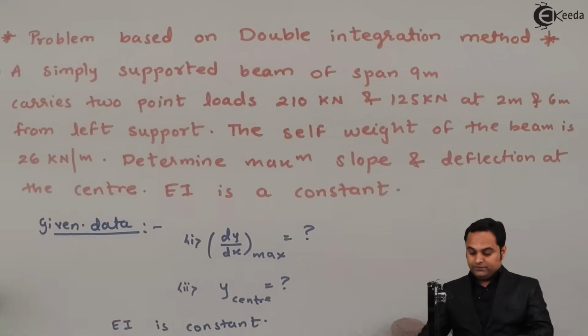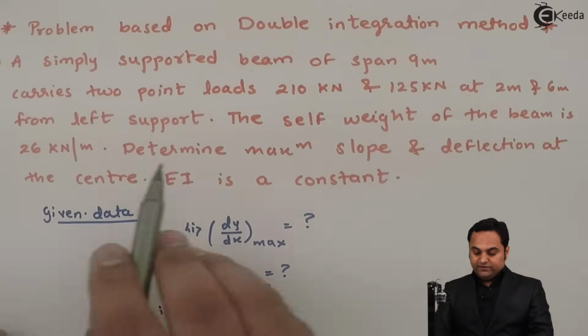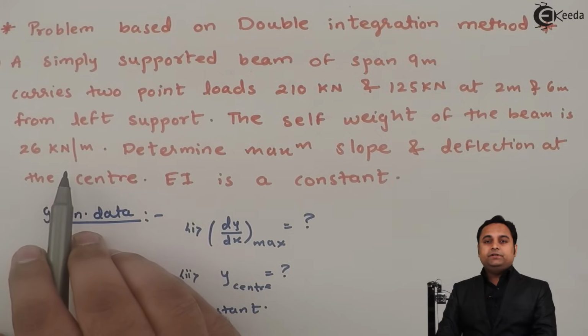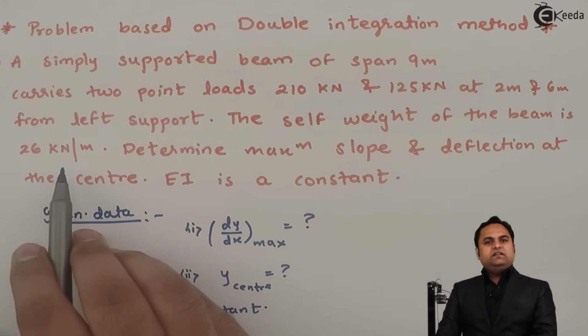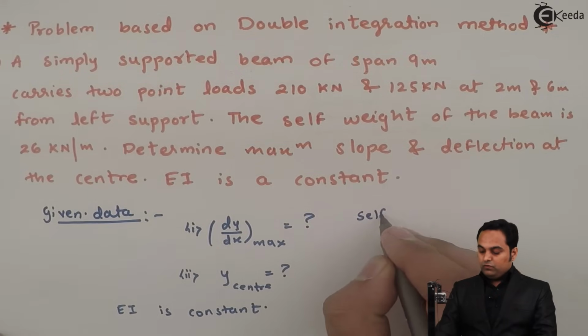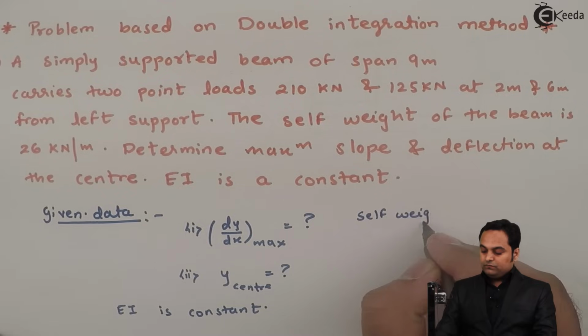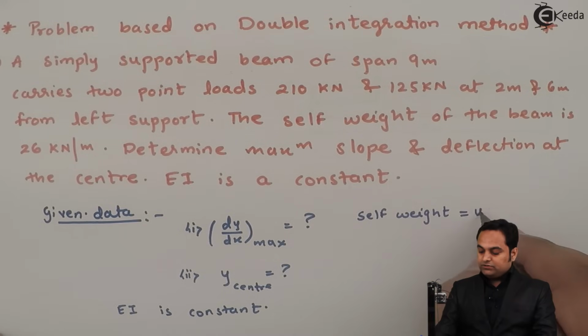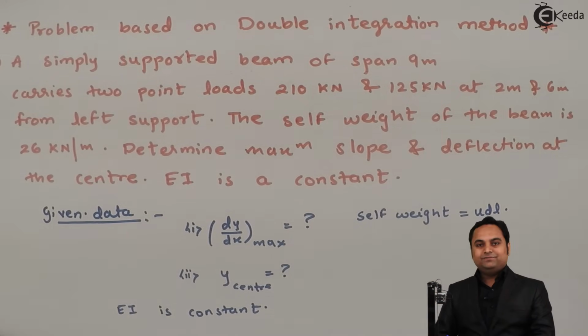Next, the self weight of the beam is 26 kilonewton per meter. Now the self weight of the beam is nothing but it is called as uniformly distributed load.